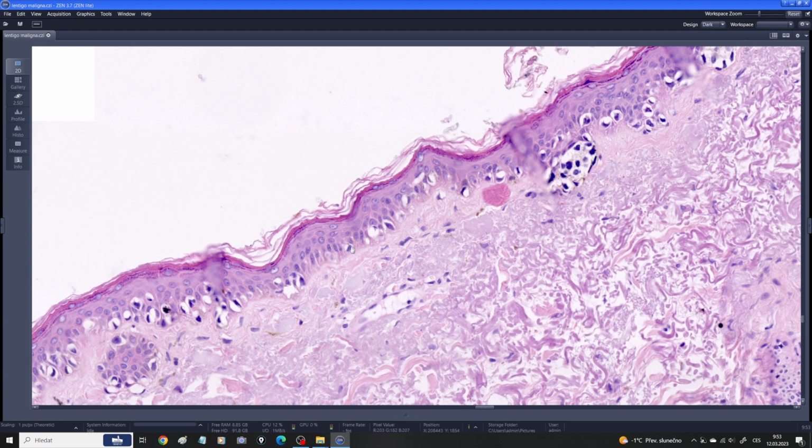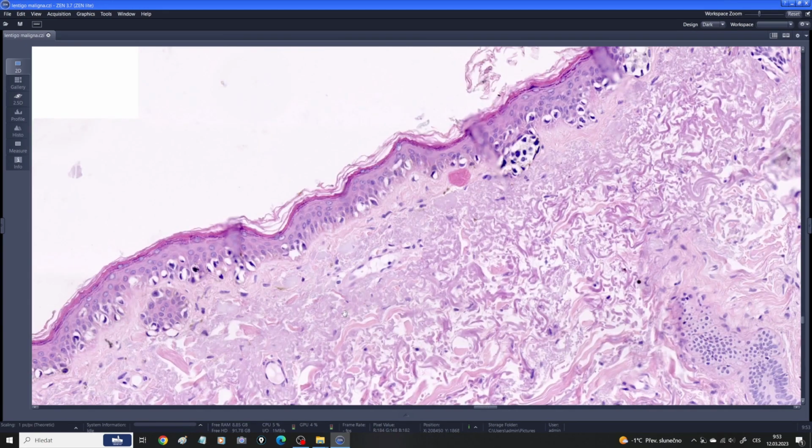The next step will be the initial invasion. So in the next step you will see initial small invasion into the dermis, and such a lesion will be called lentigo maligna melanoma. And as time passes, the invasion will be larger, but still quite shallow. So the lesion will still be quite shallow, and the dominant pattern of growth will be horizontal.